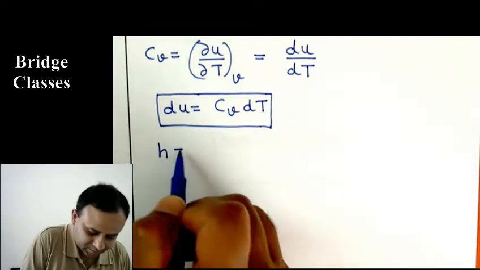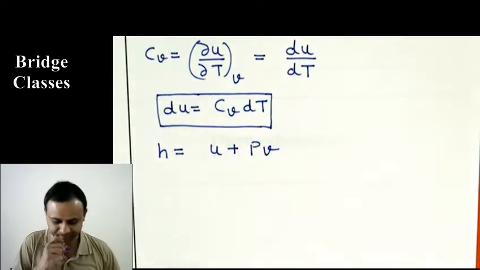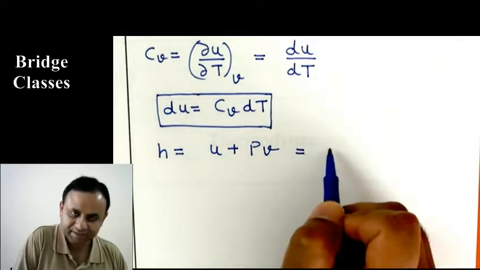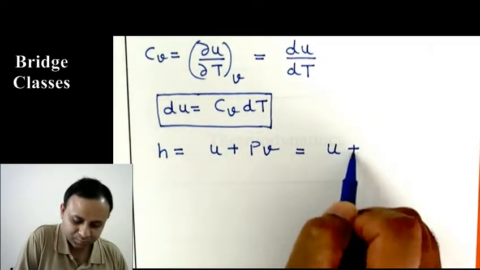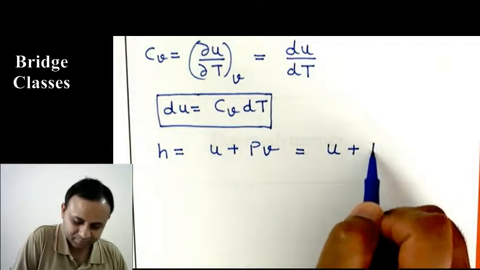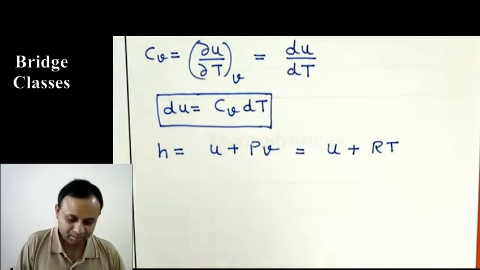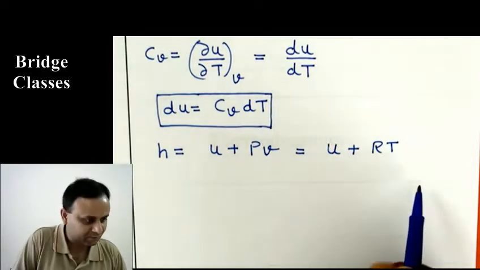Now H is U plus PV, and for an ideal gas this becomes U plus RT, since PV is RT. We are going to use this equation in a while.